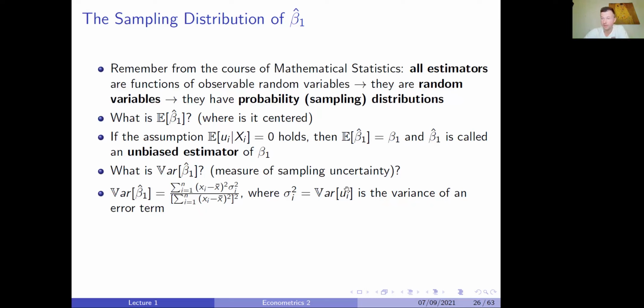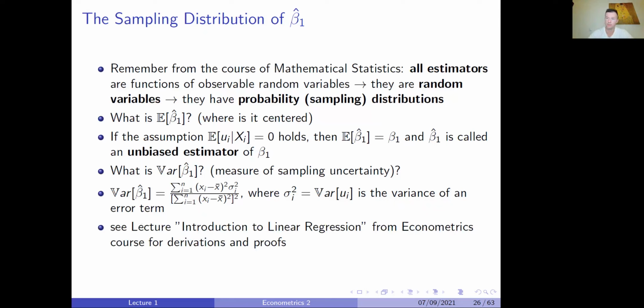And if the variance of the error term is huge, so if points of the data are distributed too far from each other, so basically the variation in y is huge, then the variance of beta 1 hat is also going to be large. So these are two opposite forces that drive the variance of beta 1 hat.